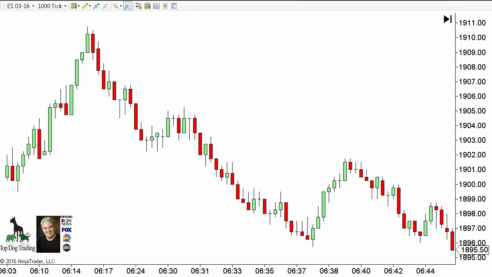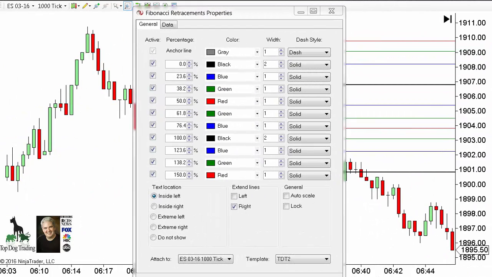All right, so first of all, let's look at what these Fibonacci numbers are. Let's bring those up so that you can have them on your chart. So here are the numbers that I use, and we're going to specifically look at these. Remember, this is a percentage of how much the market retraces back toward the initial impulse move where it started.